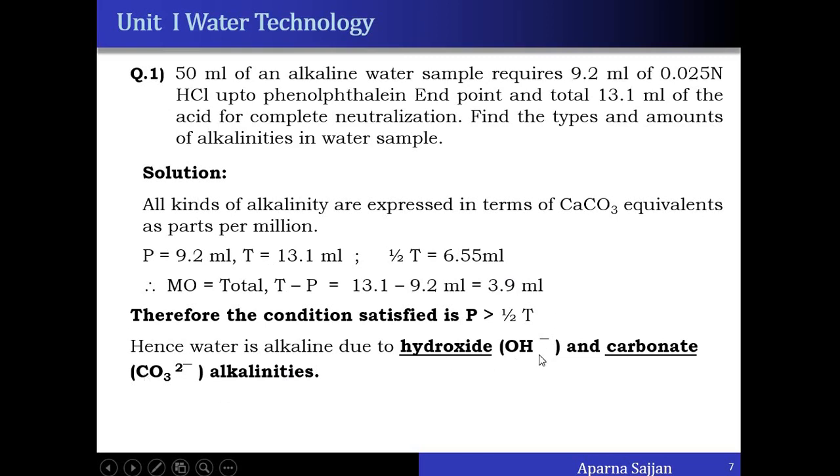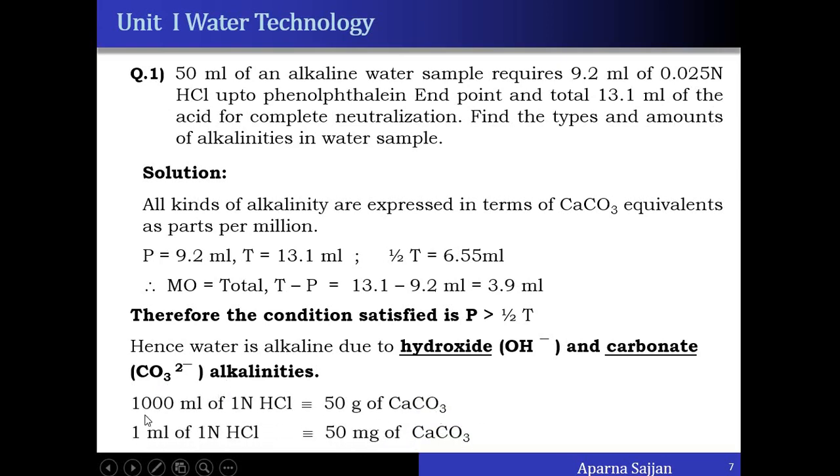So this is the first step that you have to mention. Find the types, meaning the condition satisfied is this. Therefore, under this condition, these two types of alkalinities are present in water, that is hydroxide and carbonate. Next is calculation using the standard equation. 1 mole of acid is equal to 1 mole equivalent of CaCO3, that comes to 1000 ml of 1N acid is equivalent to 50 grams of CaCO3.